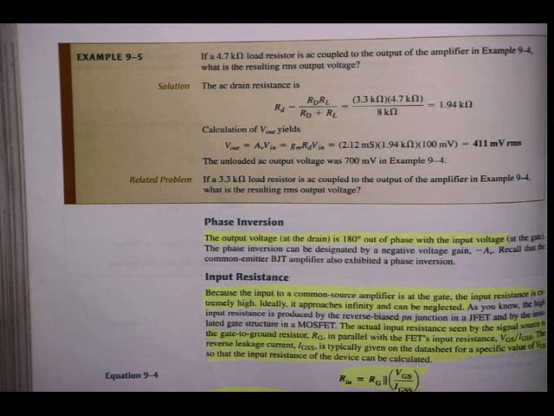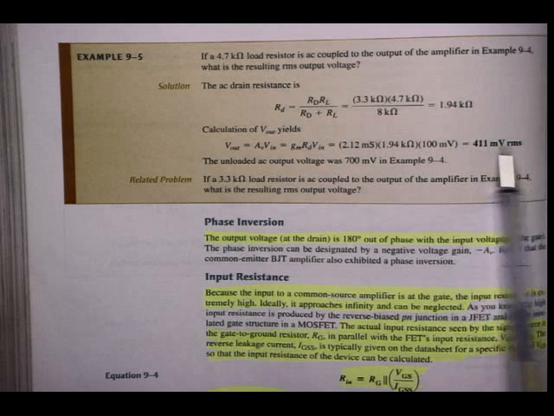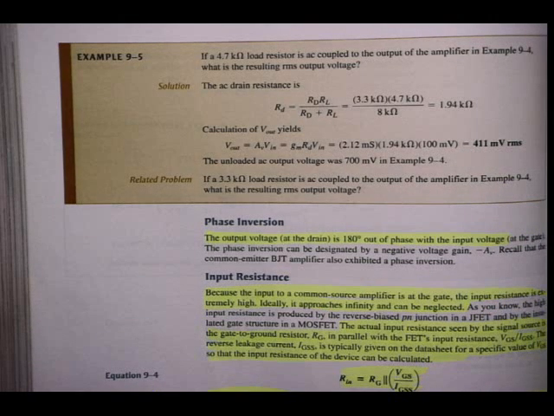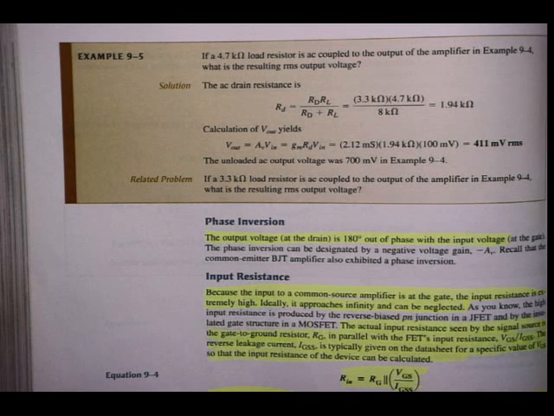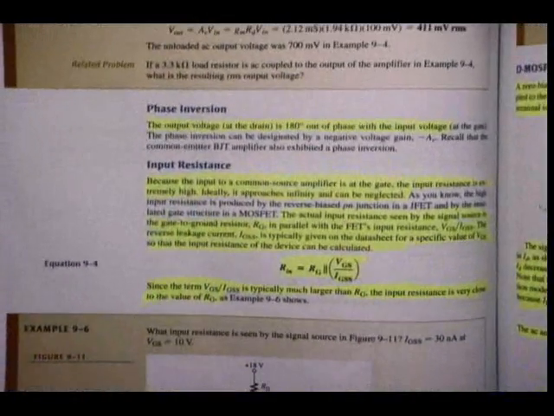Rd, which is RD in parallel with RL. So now the resistance drops from 3,3 to 1,94. So calculation of V out then yields that GM times Rd times V in is now going to give me only 411 millivolts. As previously I had 700 millivolts for that same circuit without the load resistor. So make a note of that.